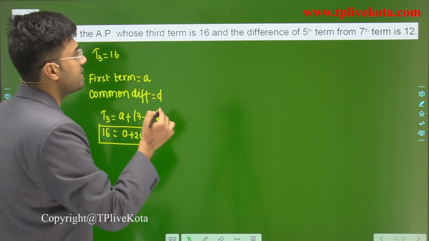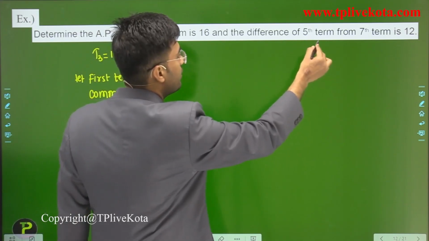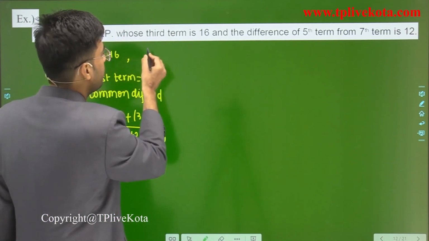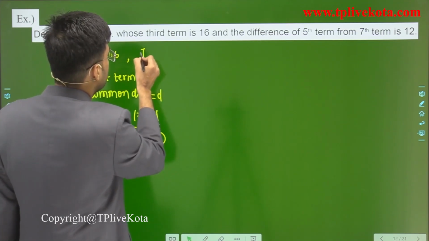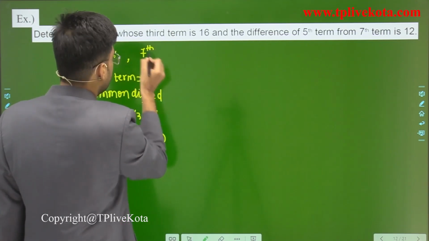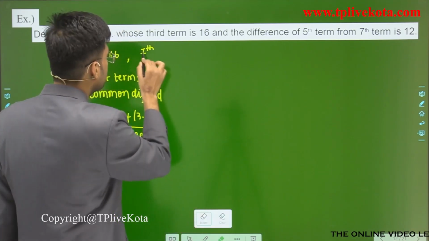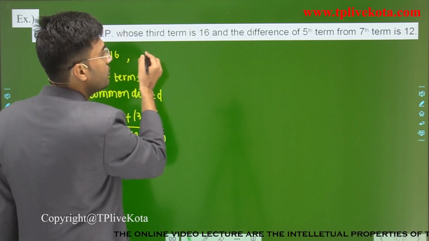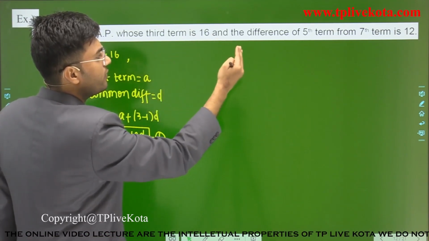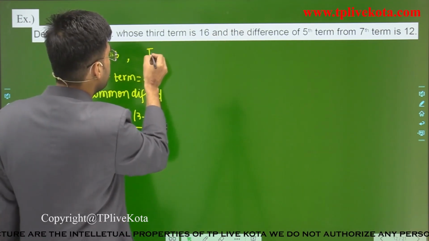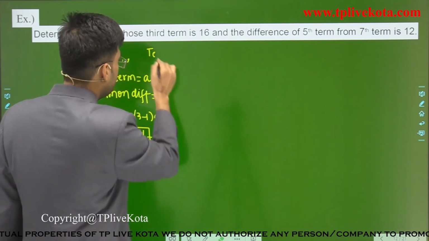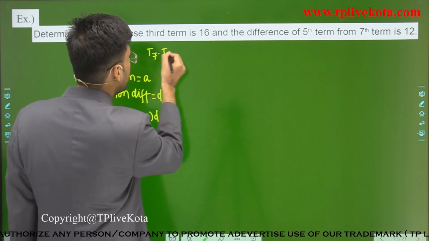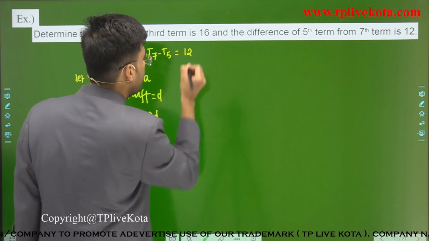And students, it is given that the difference of the fifth term from the seventh term, that means T7 minus T5, is 12.